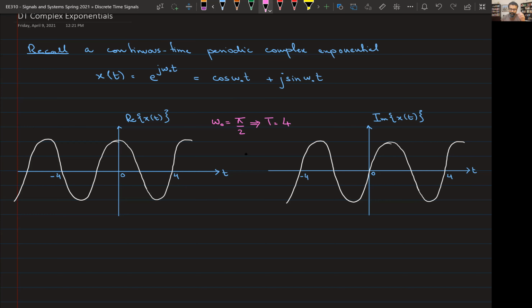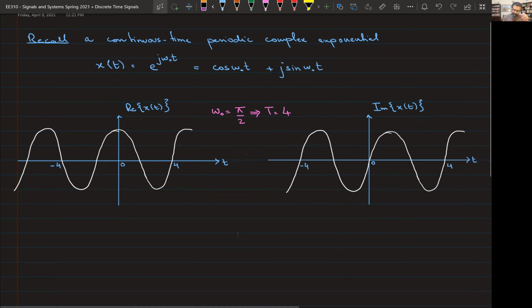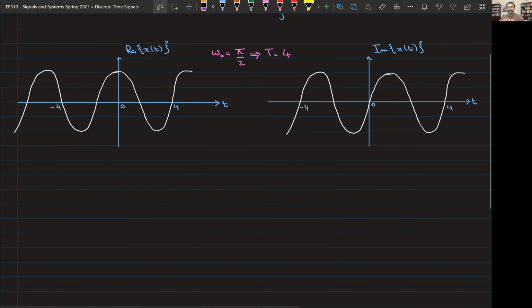Now, another way to visualize this continuous time complex periodic exponential was to collapse the time dimension. If you looked at the animations that I put up and made myself, a complex exponential is actually nothing but a spiral. That spiral is in 3 dimensions. The first dimension is the real part.